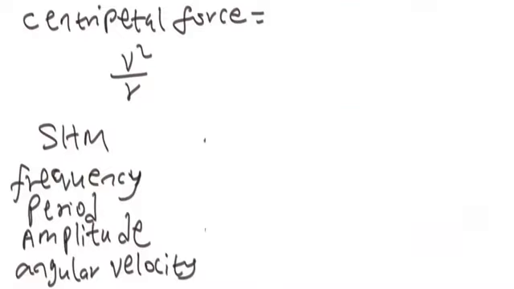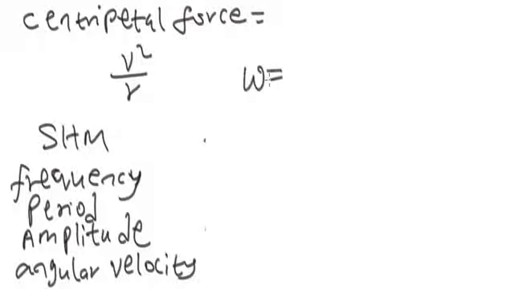Let's wipe this. Okay, so amplitude is the maximum displacement or distance of a body undergoing simple harmonic motion, and amplitude is a distance that is measured in meters, whereas the angular velocity is simply the angle inclined around a circle per unit time.